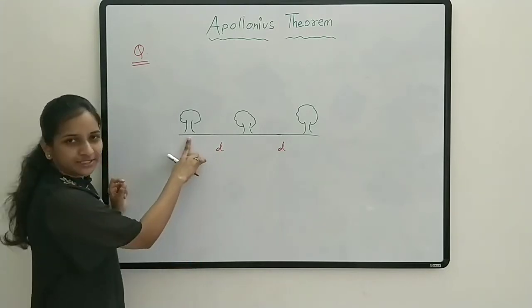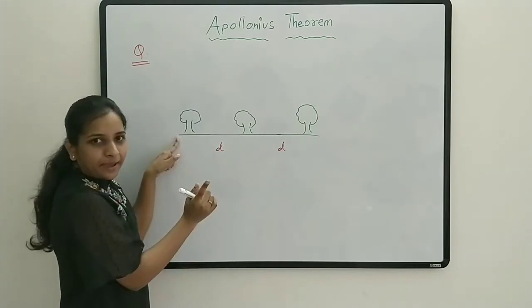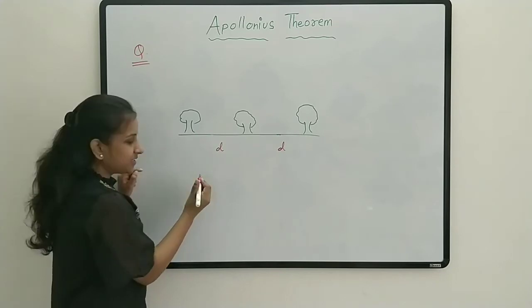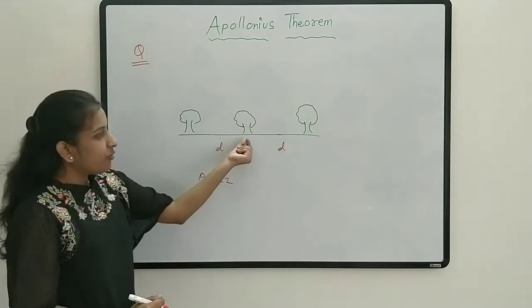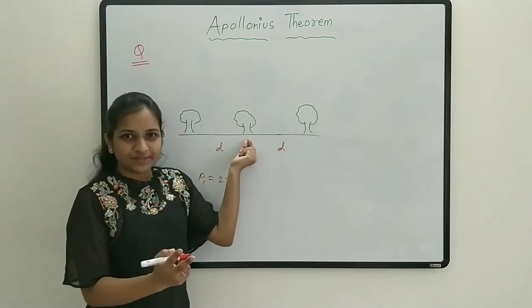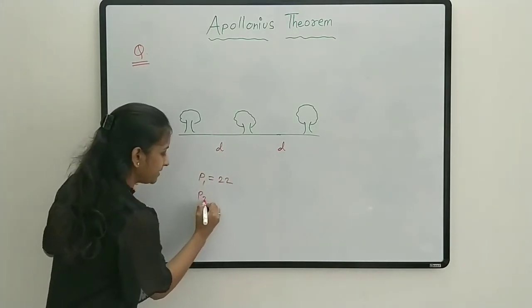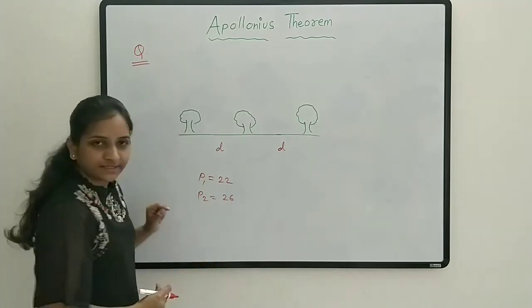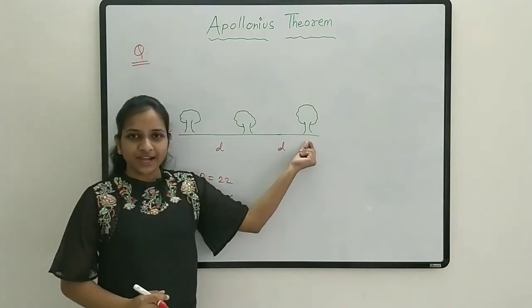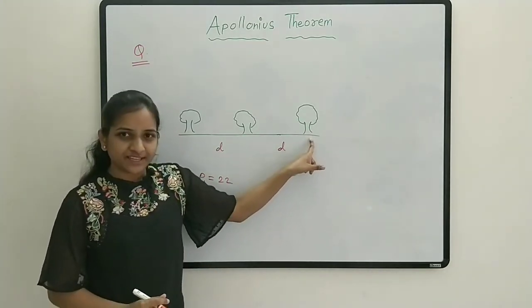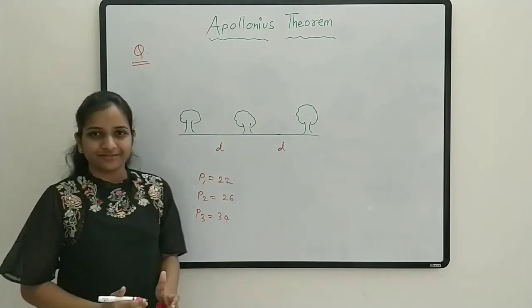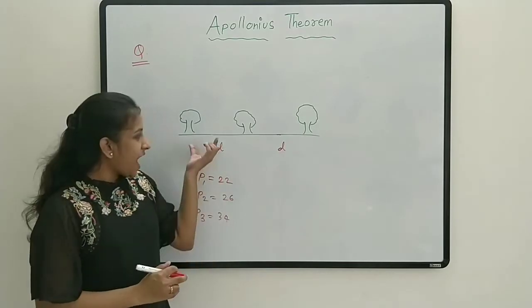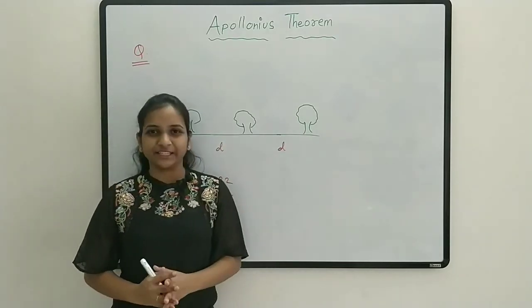To water the first tree, the first pipe is used and the length of the first pipe, say P1, is 22 units. To water the second tree, the second pipe is there and the length of that pipe is 26 units, and to water the third tree, the third pipe is there and the length of the third pipe is 34 units. Fine. Now we have to find the distance between these 3.